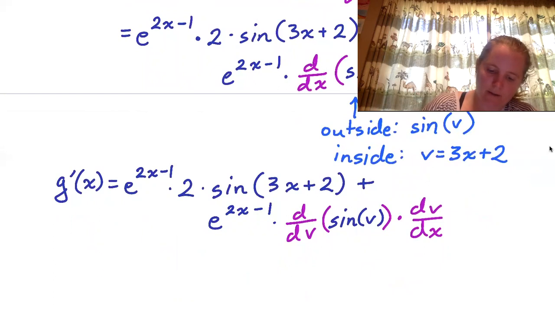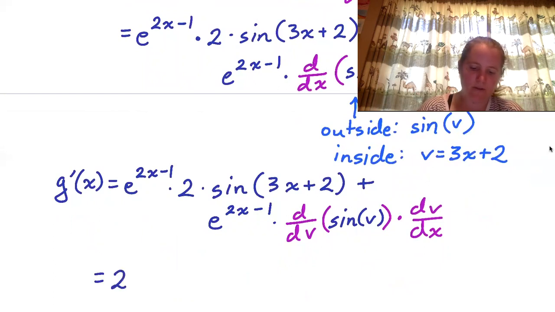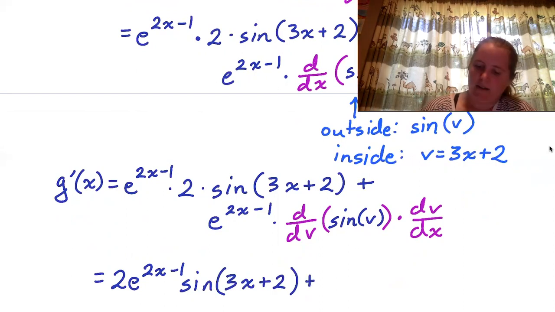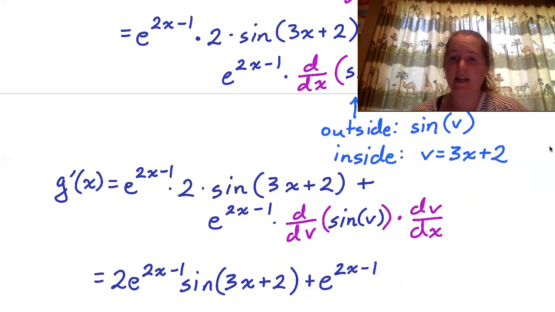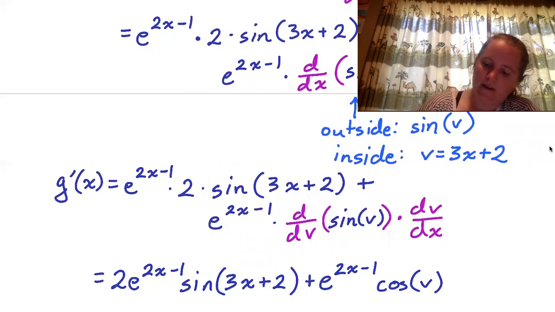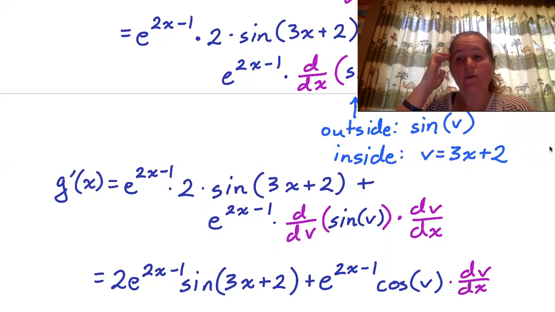I'm going to go ahead and rearrange this first term to be 2e to the 2x minus 1 sine of 3x plus 2. Then we have plus e to the 2x minus 1. Derivative of sine is cosine, so we have times cosine of v times the derivative of v with respect to x.